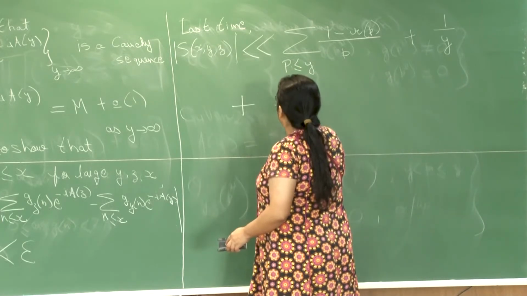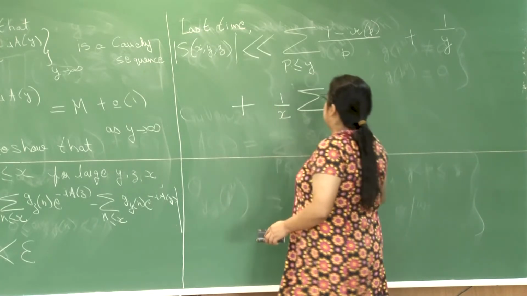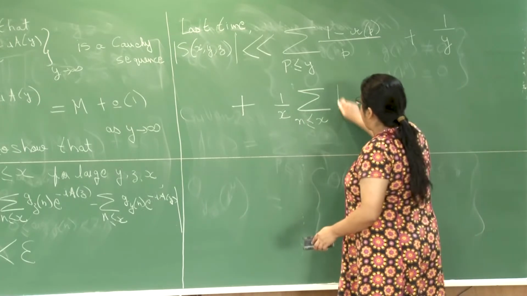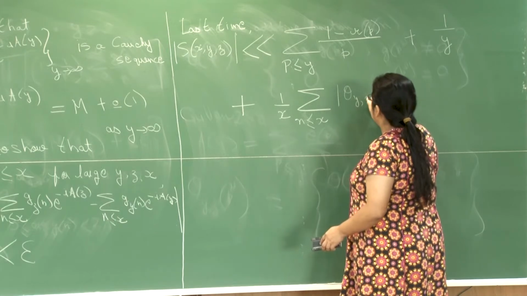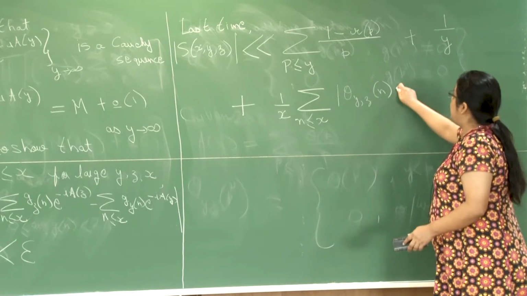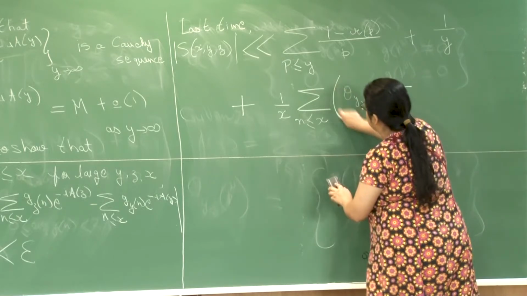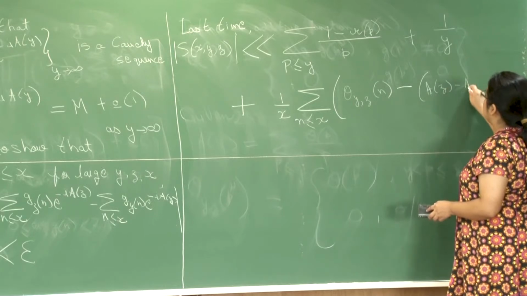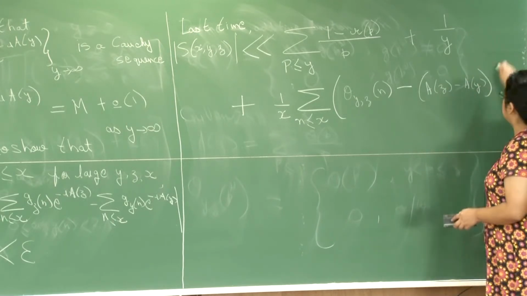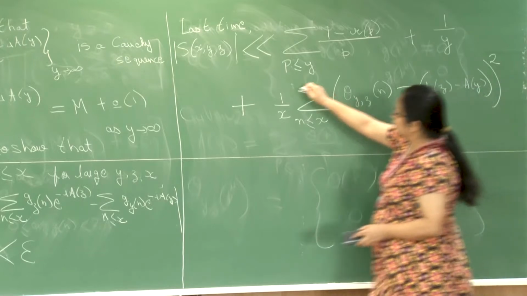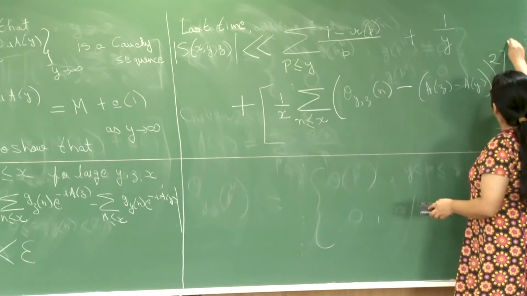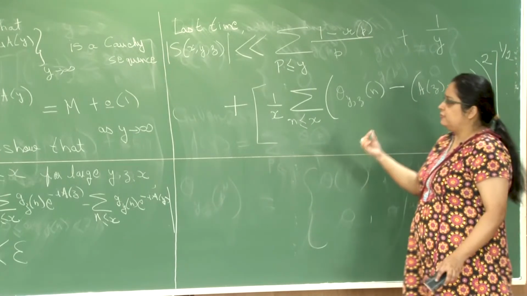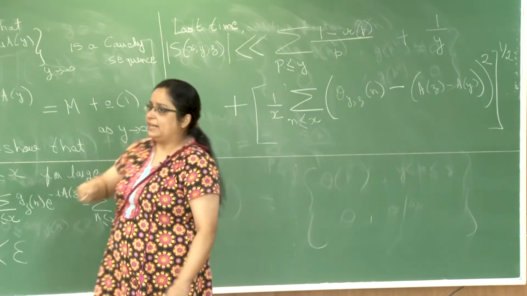So, 1 over x times the summation over n less than or equal to x of the absolute value of theta y z of n minus, and since these are all real valued, we can take the whole square, and this whole thing raised to the half.